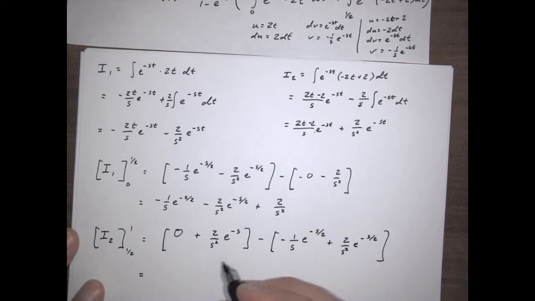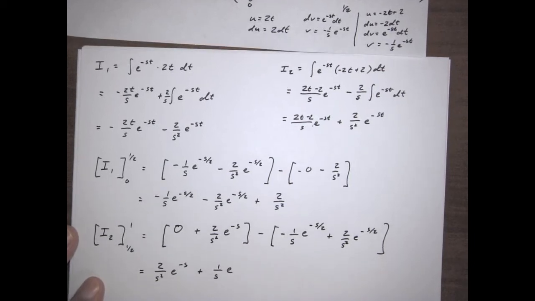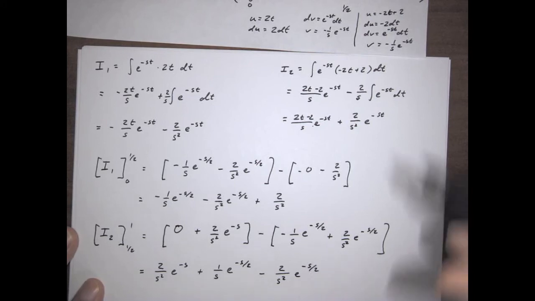Put the pieces together, it's going to be 2 over s squared, e to the minus s, plus 1 over s, e to the minus s over 2, minus 2 over s squared, e to the minus s over 2.